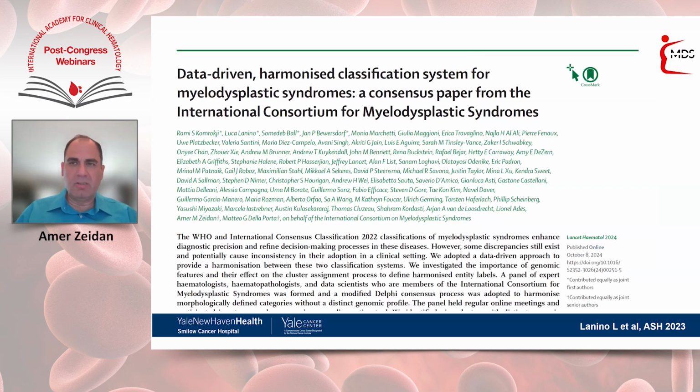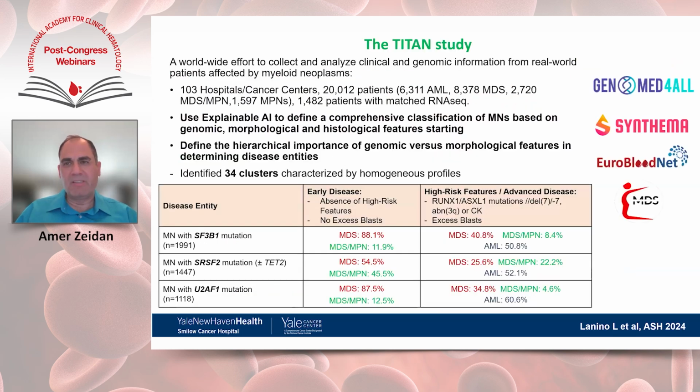But I wanted to start with this because one of the presentations in ASH 2024 continued to build on the same theme in terms of how do we get a more unified approach to classification of myeloid malignancies, because one of the most important aspects of all of these classifications is the increasing reliance on genetic rather than morphologic and phenotypic presentations by themselves.